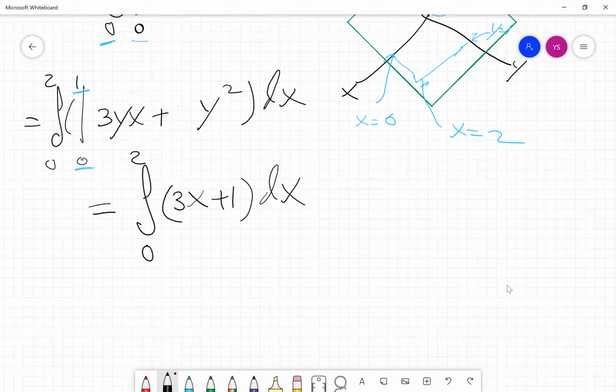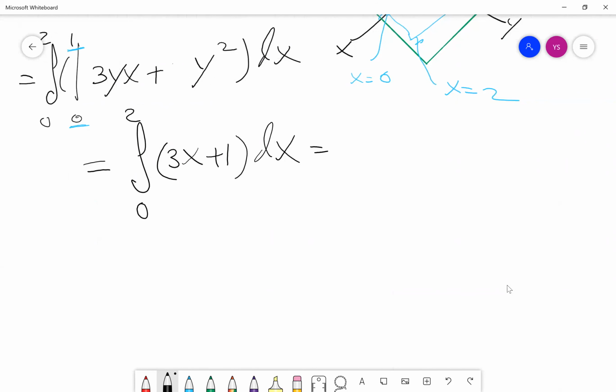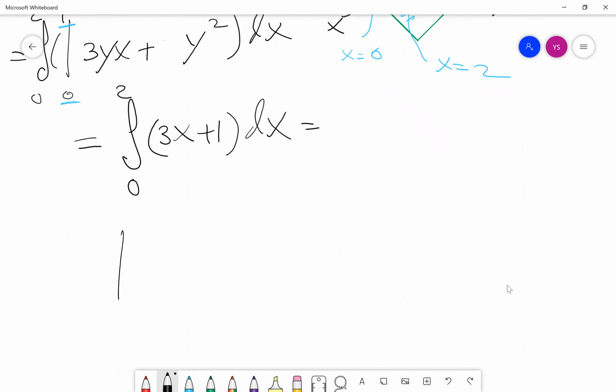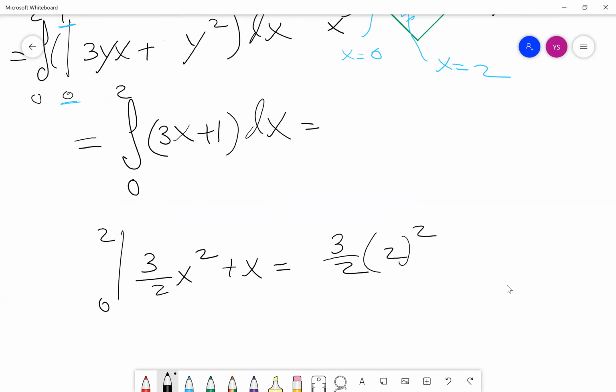Okay. So then we do the second integral, and this will be again bounds from 0 to 2. 3 over 2 x squared plus x. And then when we plug in our points, we get 3 over 2 times 2 squared plus 2 minus 0. And so that's our answer.